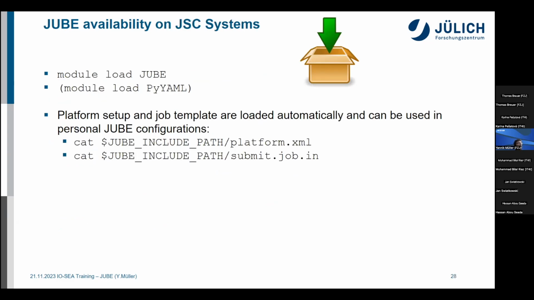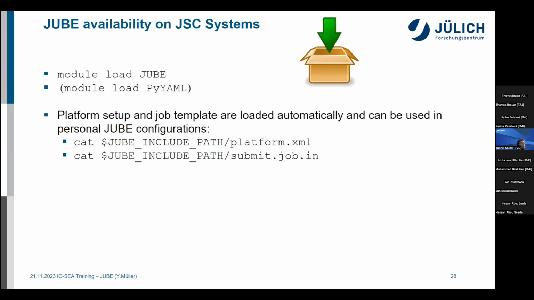If you are on our systems at JC, then you don't need to worry about it. We have a module, just load JUBE, and it's a little bit different. I think on Deep it's actually necessary, but on some other system it's not. I don't know, the modules are not exactly the same. So sometimes you need to explicitly load the PyYAML module, sometimes you don't. But this is just for JC users.